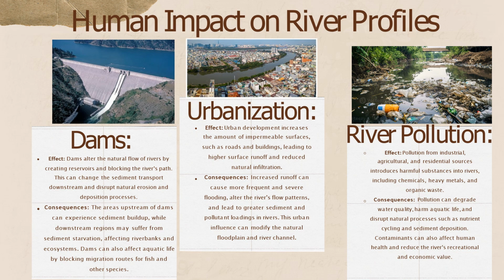Therefore, the last point will be river pollution. So pollution from industrial, agricultural, and residential sources can degrade water quality, harm aquatic life, and affect the natural processes of erosion and sediment deposition.